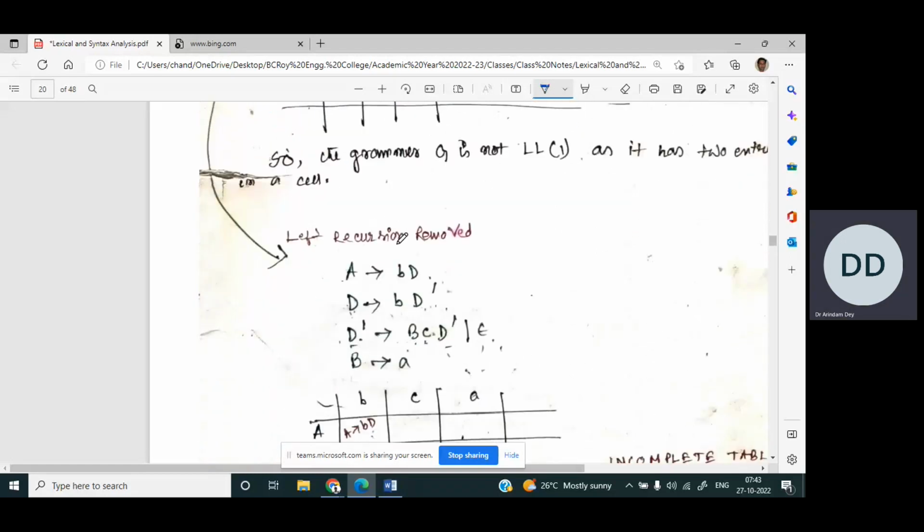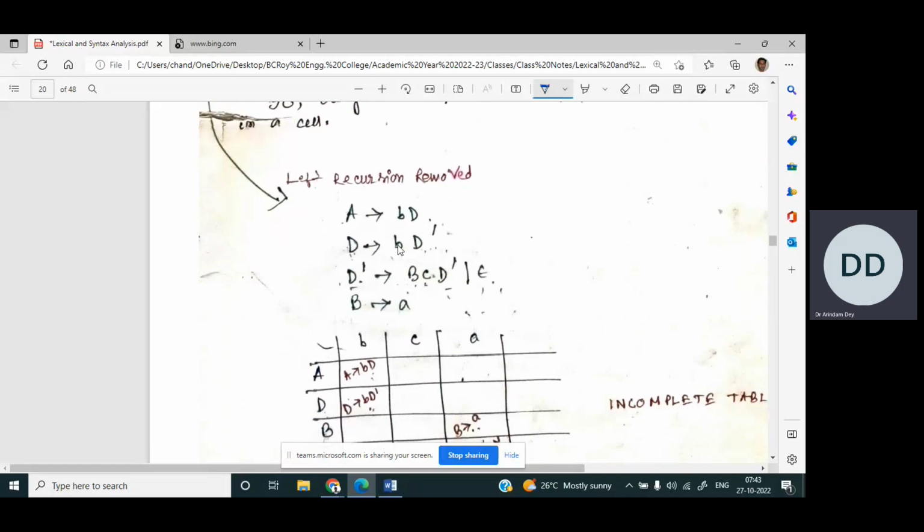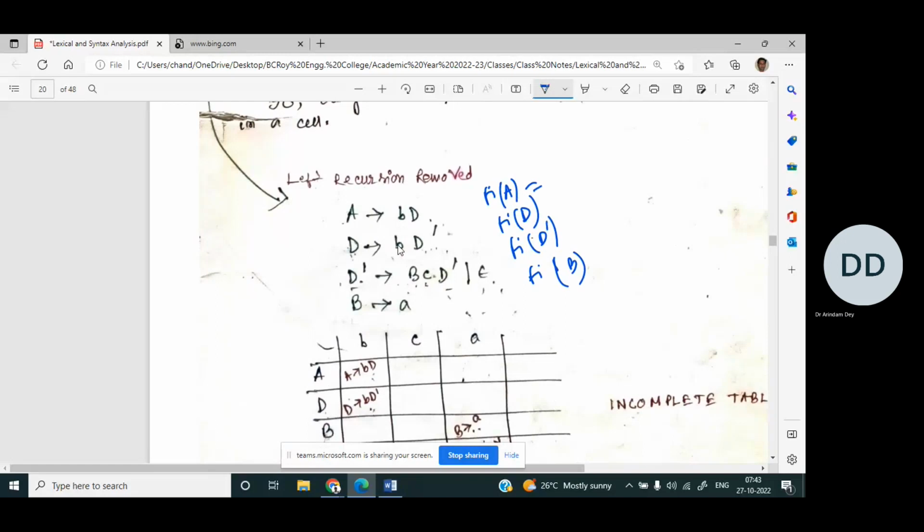Now once we remove the left recursion, in my last video we saw how the left recursion can be removed using the formula. After removal of the left recursion, if I calculate the first of all the variables, first of A, first of D, first of D dash, and first of B. First of A, here only b is there.